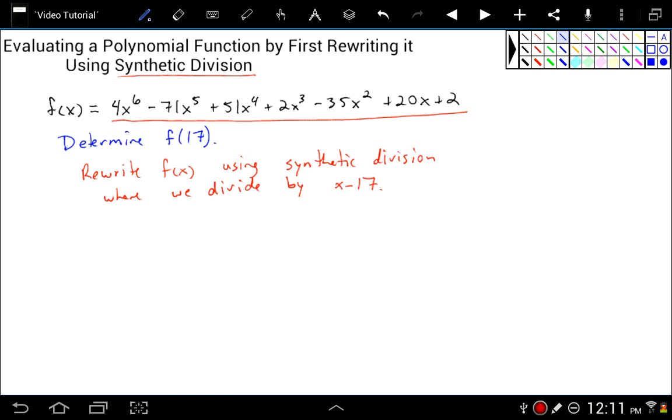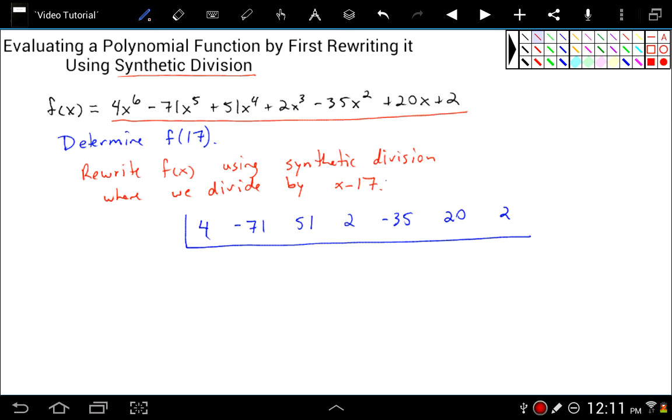Well, I've got to first start with the f of x polynomial. So I've got 4x to the 6th, negative 71x to the 5th, plus 51x to the 4th, plus 2x cubed, minus 35x squared, plus 20x, plus 2, divided by x minus 17.